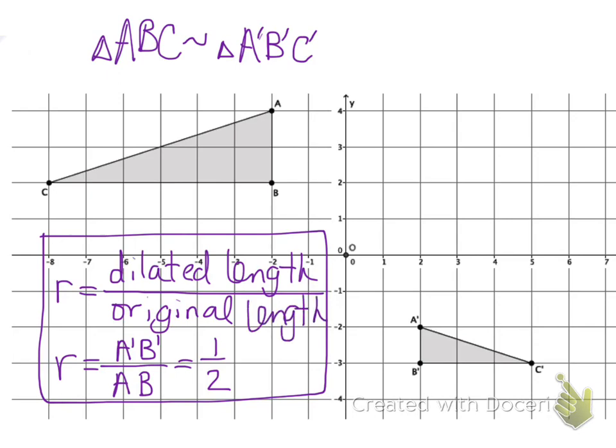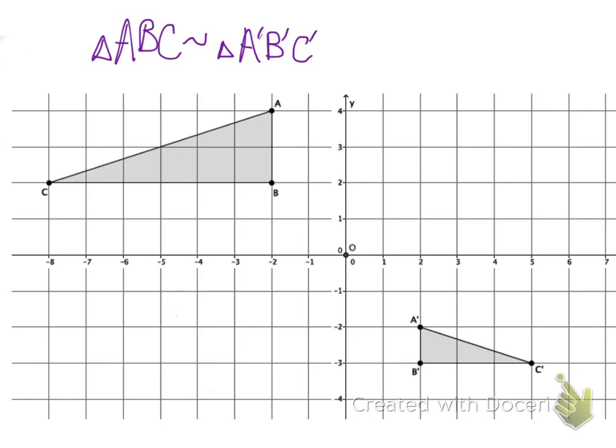And so in the case of this diagram, my dilated lengths are the ones down here, and my original lengths are up here. Okay, so let's get rid of all this extra stuff here. So I want to dilate this. Remember, we're working on the coordinate plane now.